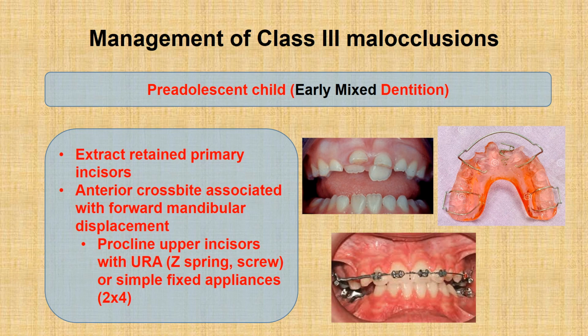Okay, and if there is an anterior crossbite associated with forward mandibular displacement, then this should be corrected early to prevent worsening of the class 3, and this can easily be done by proclining the upper incisors with a URA, carrying a Z spring or a screw, or with simple fixed appliances such as the 2x4 appliance.